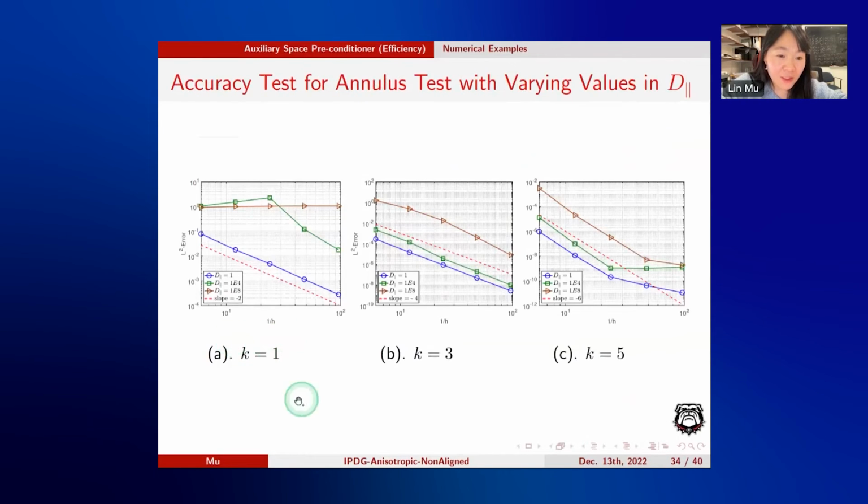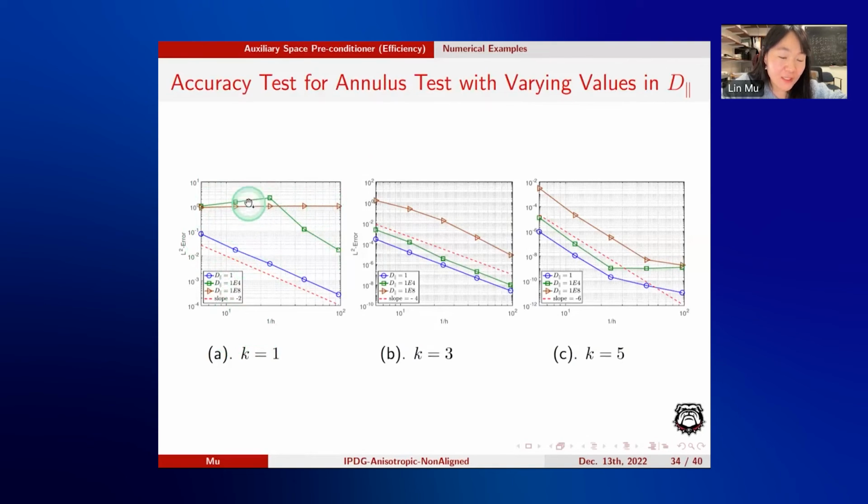So for the linear case, let's check the accuracy. The blue line plots d parallel equals 1. The green and brown curves are d parallel equals 1e positive 6 and 1e positive 8. As we can see, the numerical solution is not correct.